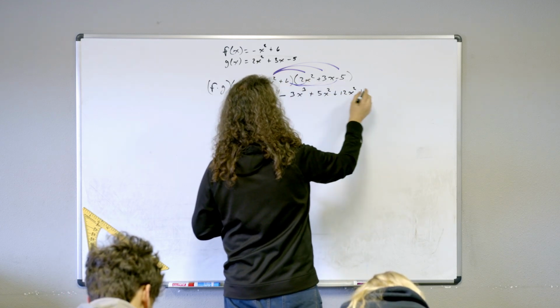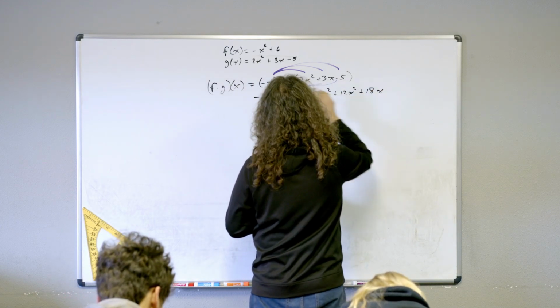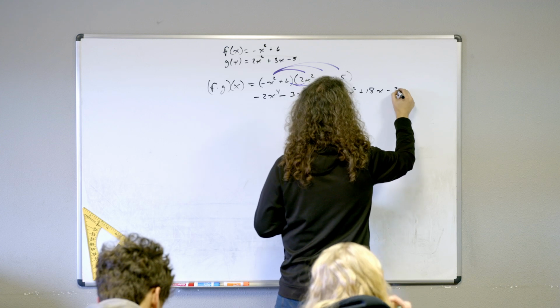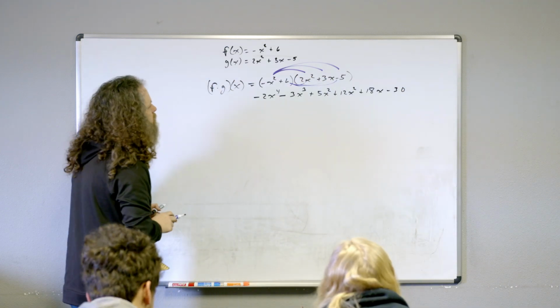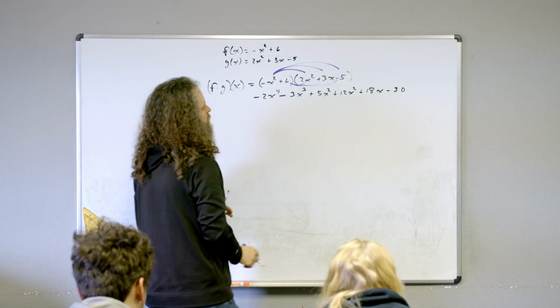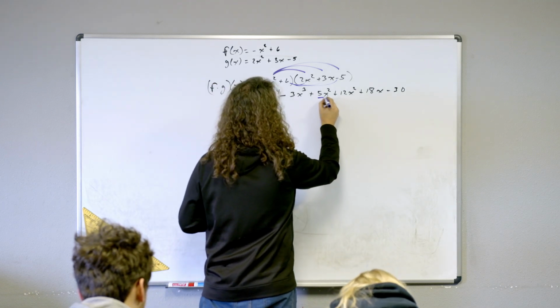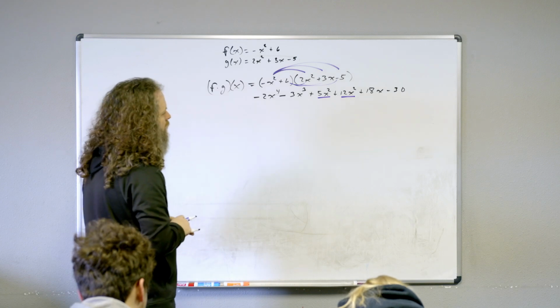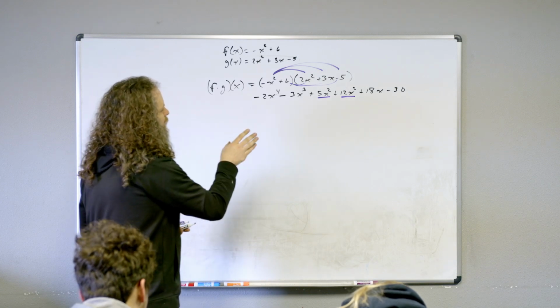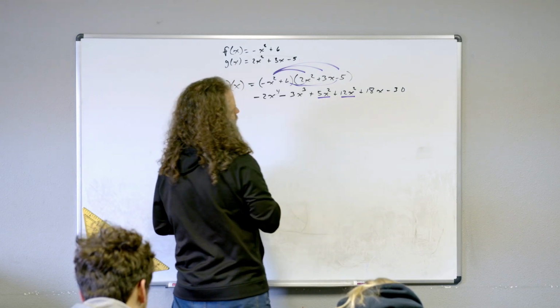Plus 6 times 3x is 18x. 6 times negative 5 is negative 30. Then what do we do? Yeah, we find the like terms and then combine them. So these ones, and that's it. Nice. So then the answer is all of that except these smoosh to be 17x squared.